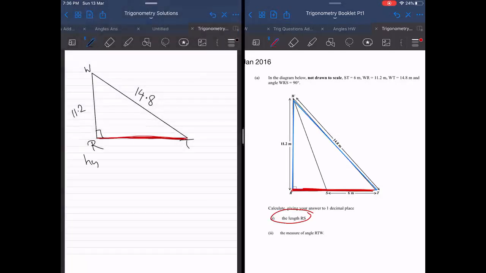What is it? Hypotenuse squared is equal to the sum of the sides squared.